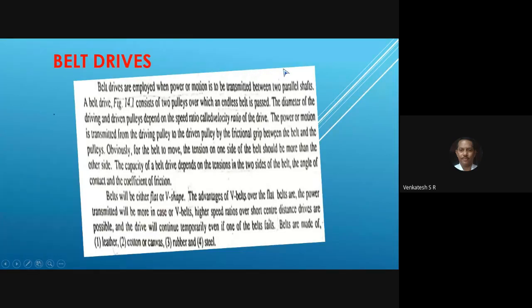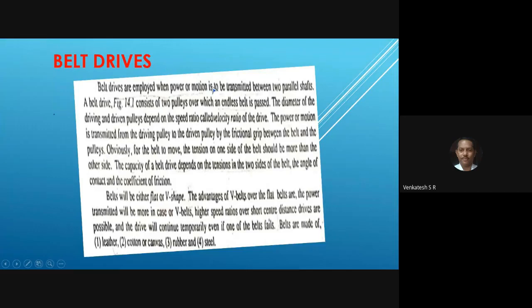The V belt is made from rubber material. Inside, you have a fiber reinforcement. As we discussed in the composite material, in the same way you have fiber reinforcement in the trapezoidal section of the V belt, transmitting the power from the motor to the flour mill through belt drive.